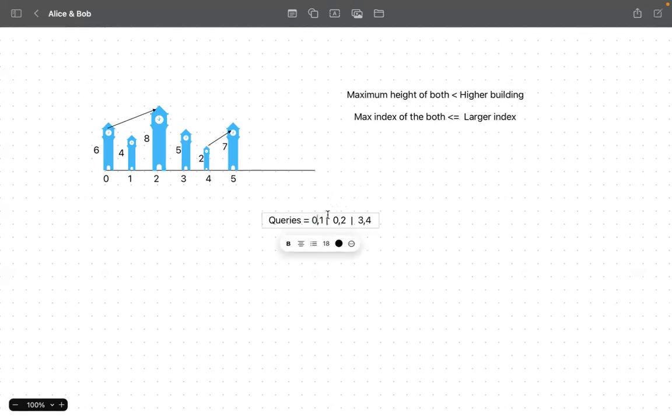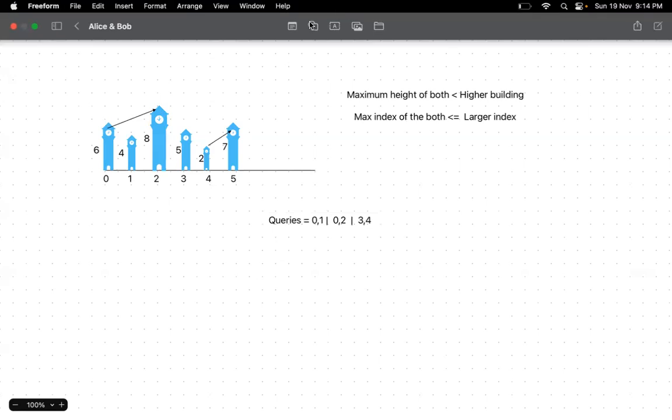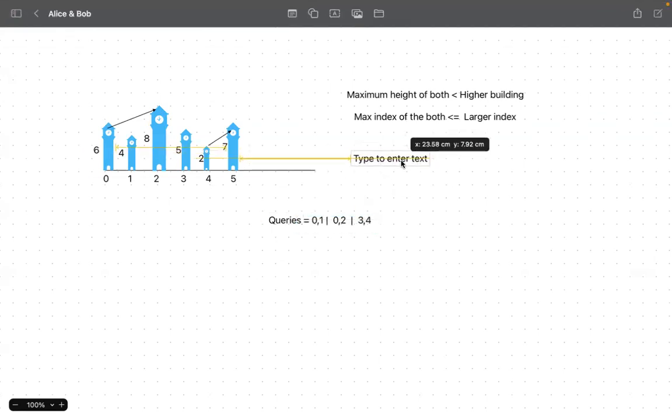Sorry, not higher buildings, it's larger index buildings. Why we are not looking for larger index buildings? Because we are going to serve the queries we have already kept in the priority queue. So we are using the priority queue to keep the queries' maximum height. So the priority queue's significance is max height from queries.